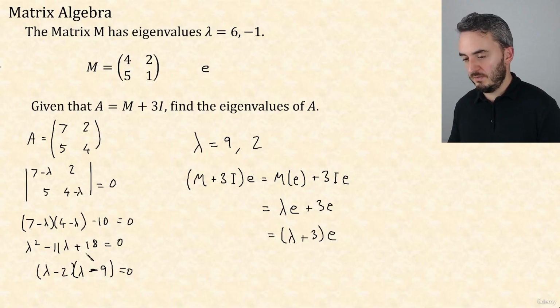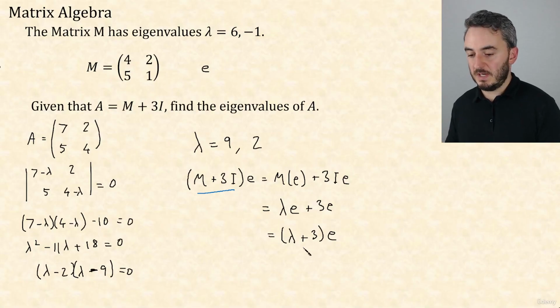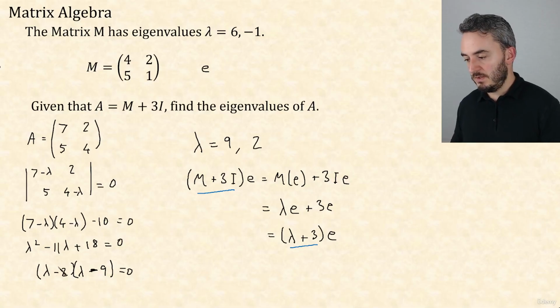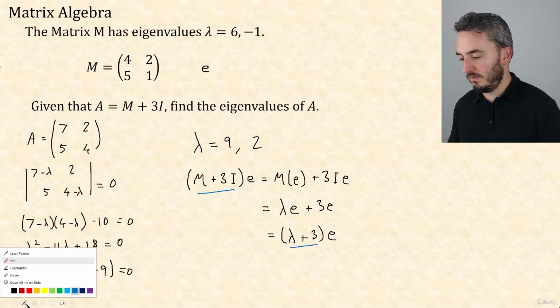So what have I just discovered? I've just discovered that if I take this matrix here, all that matrix does is scale this eigenvector by lambda plus 3. So this tells me two really interesting things.